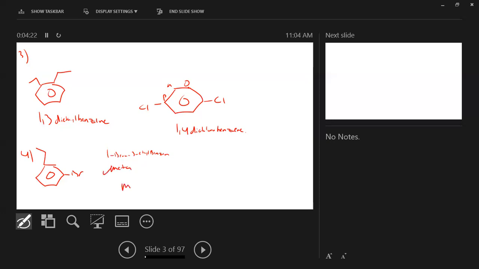So select this one, and select this one. Did it give you it correct when you put para-dichlorobenzene? Make sure all the spelling's correct.